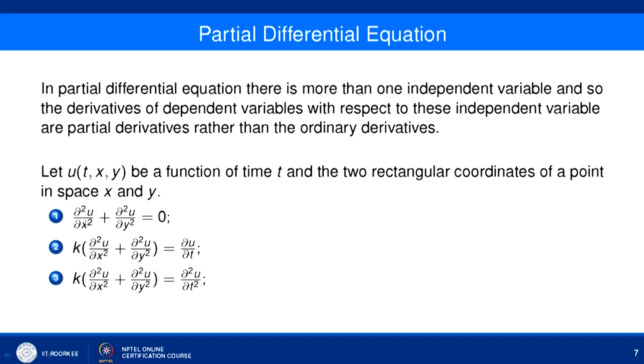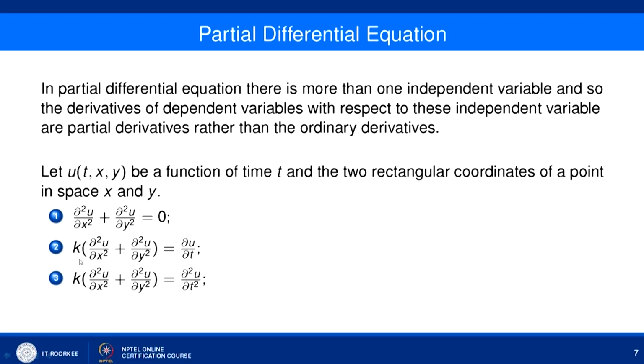The first equation is del square u by del x square plus del square u by del y square equal to 0. This is a relation where the unknown function u is a function of x and y, and there is no partial derivative of u in terms of t, so it is an example of a partial differential equation.